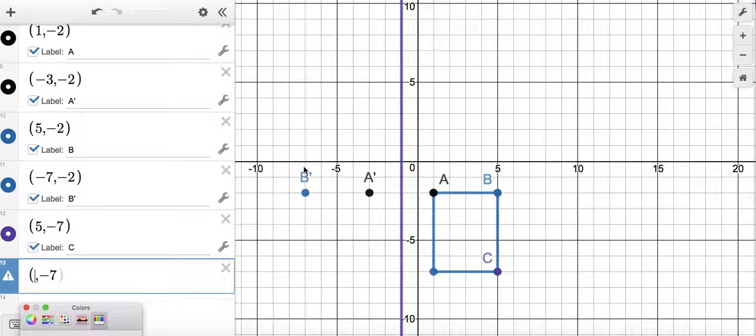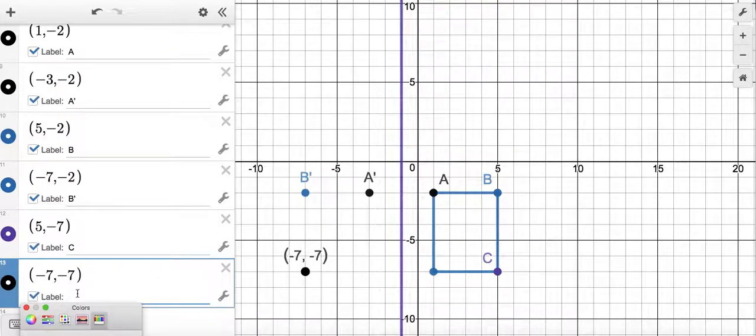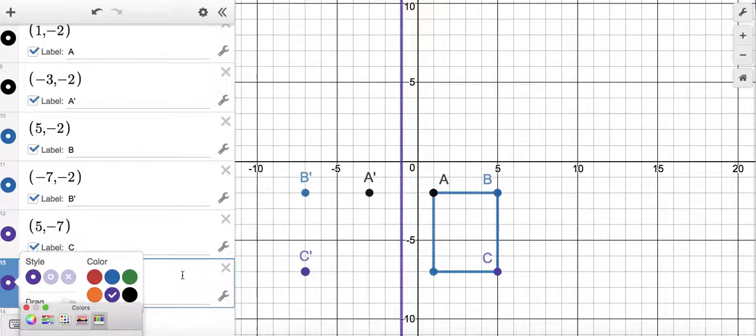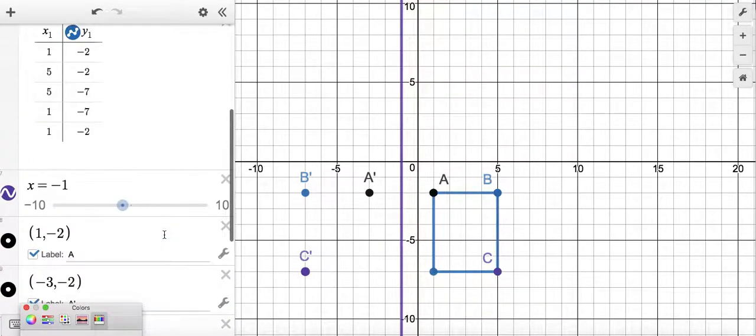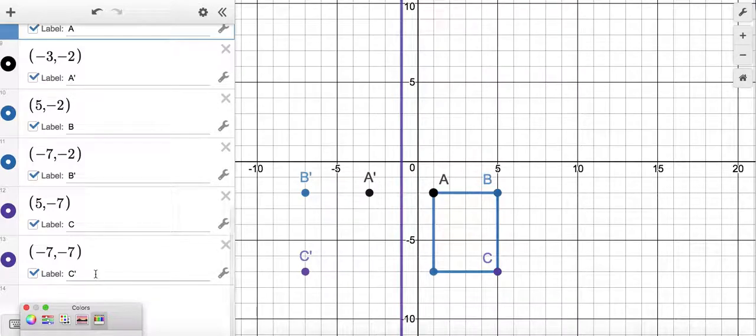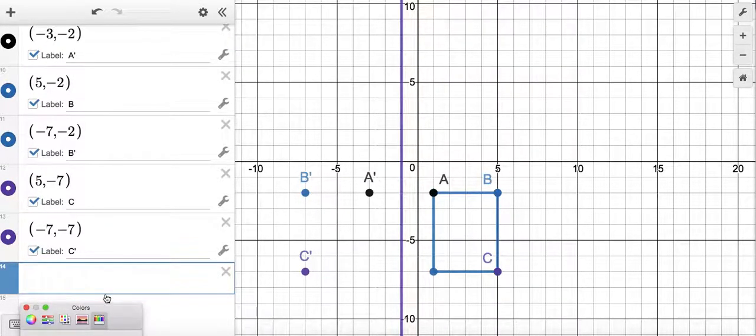So that's -7. And then our other coordinate, if we look down here, is also -7. So we have two -7s, and we're going to call this point C prime. Change that to purple. As you can see, this C is reflecting over here. And then our last point is D. 1, -7 is where we're starting with it.